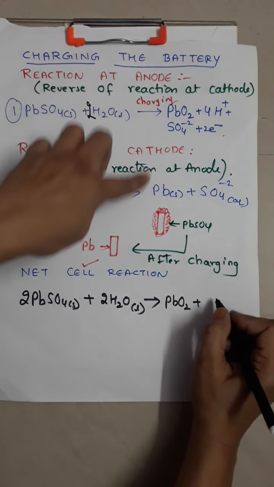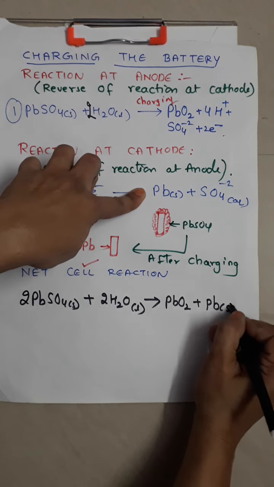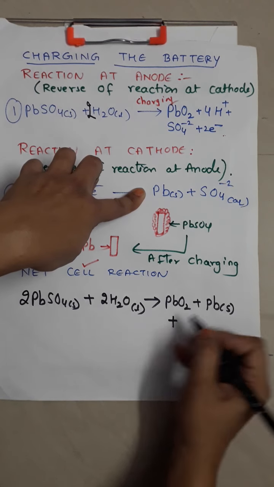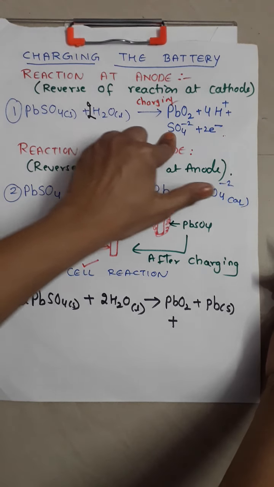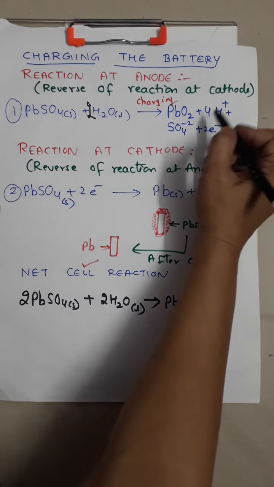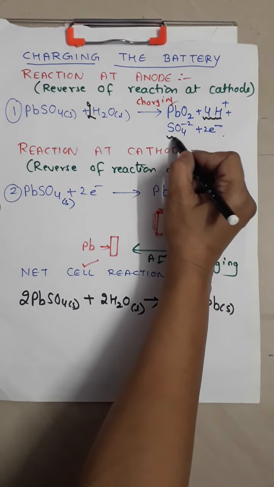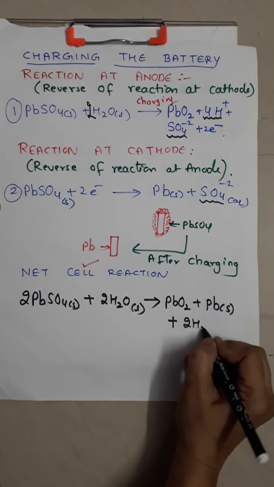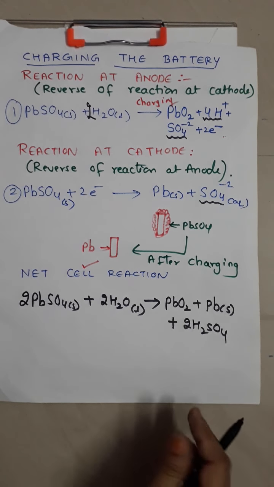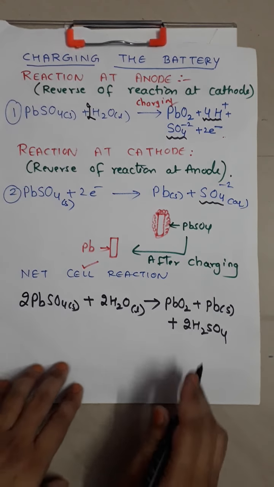PbO2 plus Pb solid, plus just see 4H plus SO4 minus 2, SO4 minus 2. So I can write here 2H2SO4. So when we charge the battery, what happens?